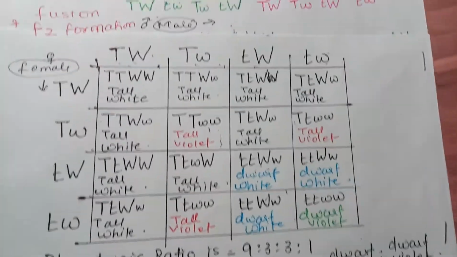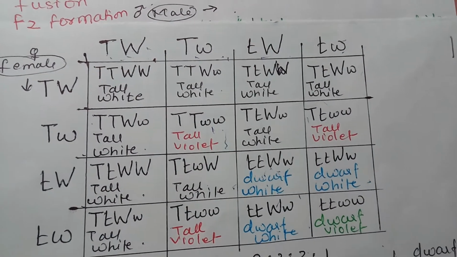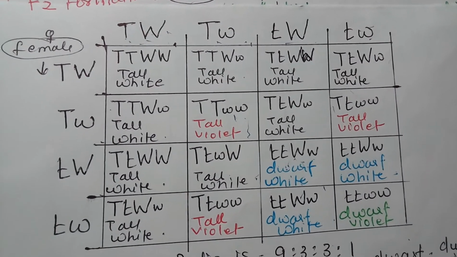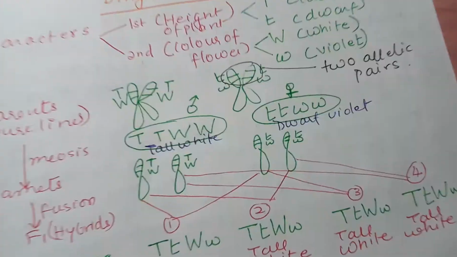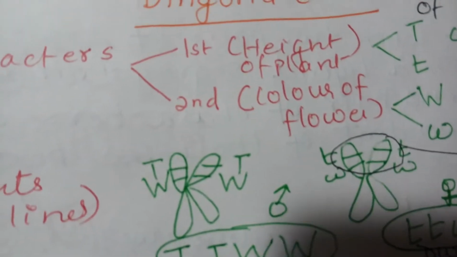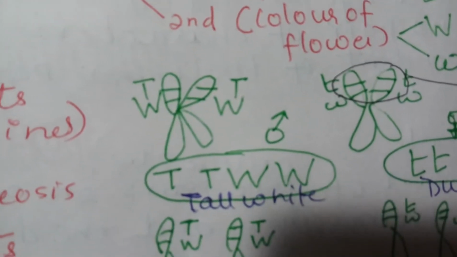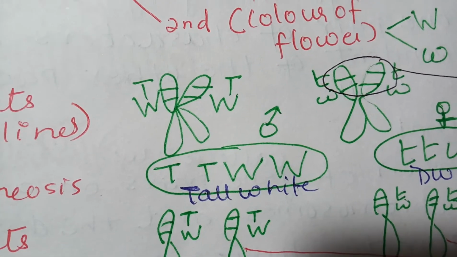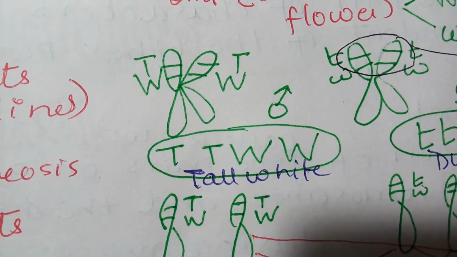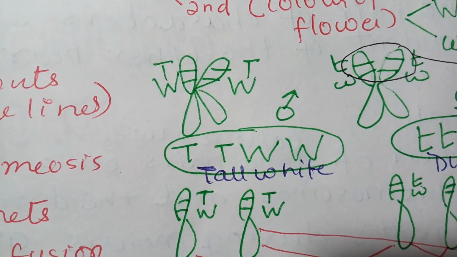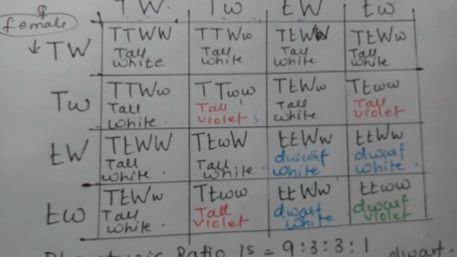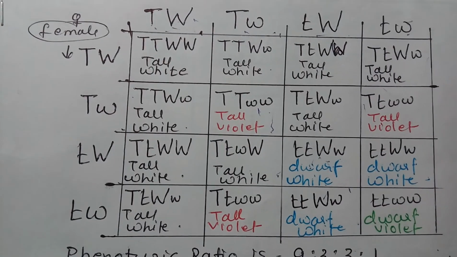What does that mean? If you look here, you will see all the combinations are there. One allelic pair over here is small t, capital T. Another allelic pair is capital W, small w. Okay, so these two allelic pairs are not interacting with each other in any case, because here you will see their expressions are not hiding each other.